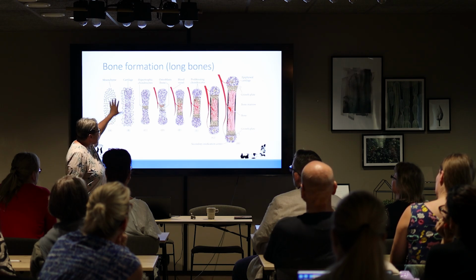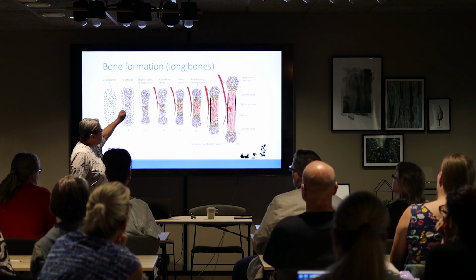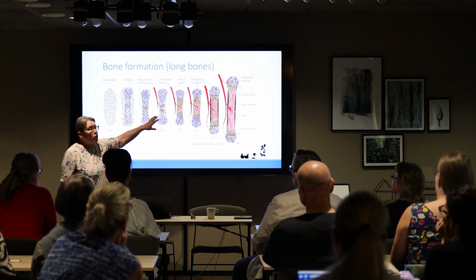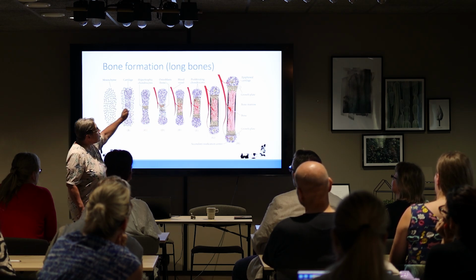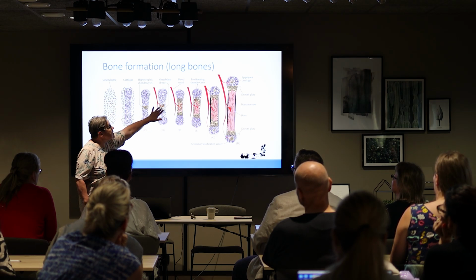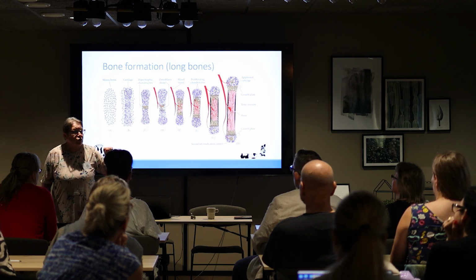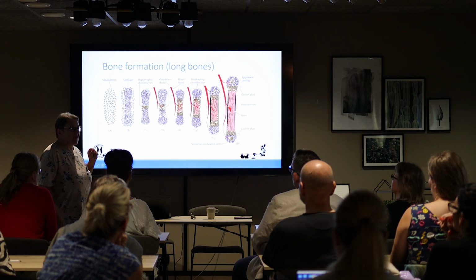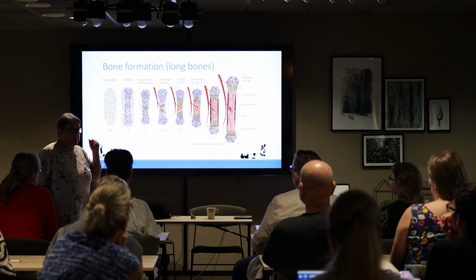Then this cartilage is replaced in a step-by-step manner by another type of cells called osteoblasts, which are then calcified and become hard bone.